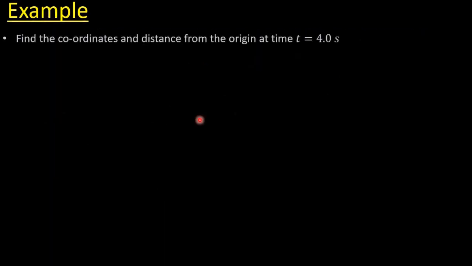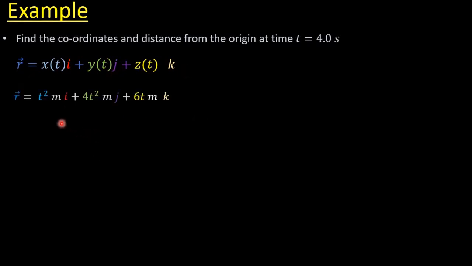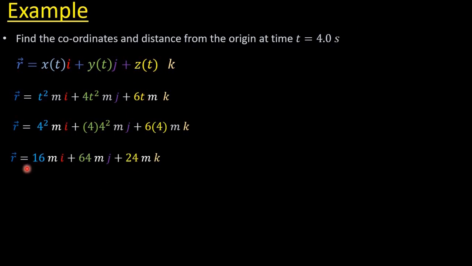So let's do the first part. So we need to know our function, and our function was this. So x of t was t squared, y of t was 4t squared, and z of t was 6t. So we put in time t equals 4 seconds into there to get our positions at 4 seconds, and that will simplify down to 16 meters in the i direction, 64 meters in the j direction, and 24 meters in the k direction.